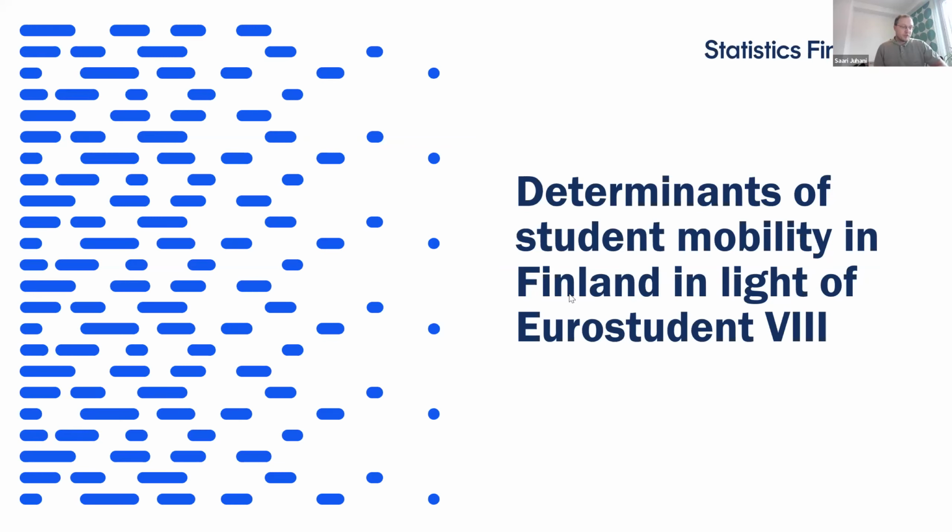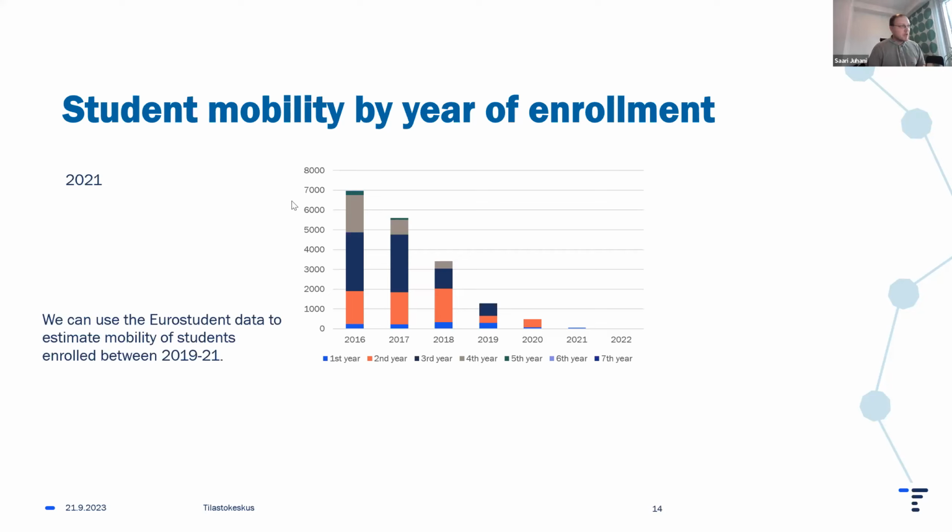And 2021 shows the same pattern. All outgoing mobility halted. But now what's interesting is that we have arrived at the present date, the date of when the data collection of our Finnish EUROSTUDENT sample took place.